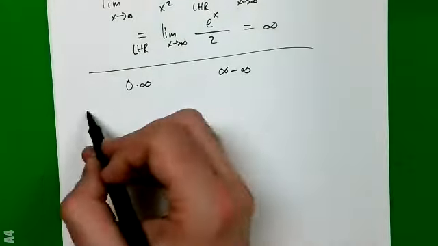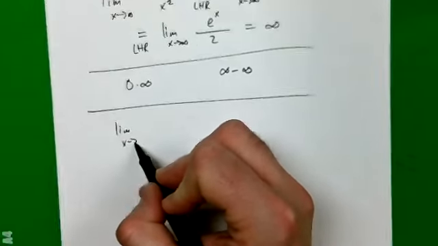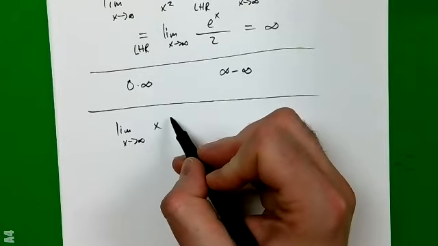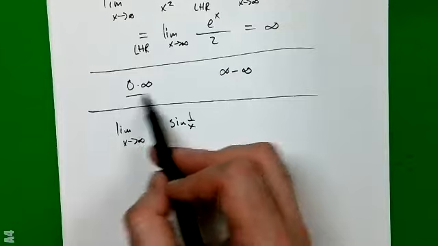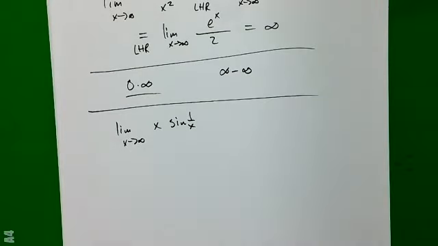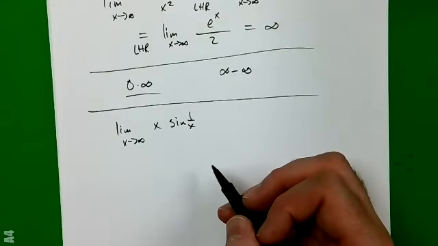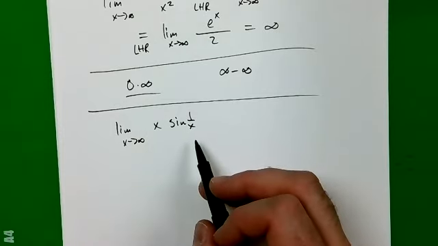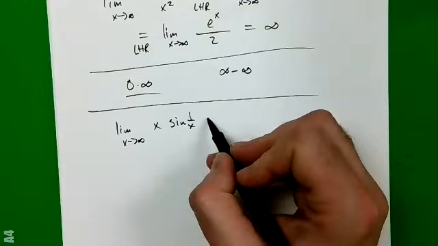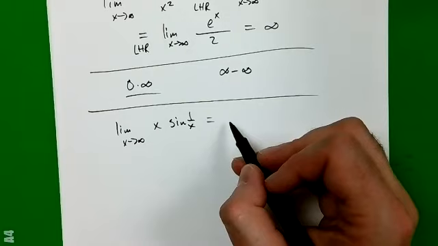So for instance, the limit as x approaches infinity of x times sine 1 over x is a 0 times infinity, or really an infinity times 0 indeterminate form. And we can't use L'Hopital's rule on it directly. This was what I was talking about a moment ago when I said sometimes you can rewrite them using a reciprocal.